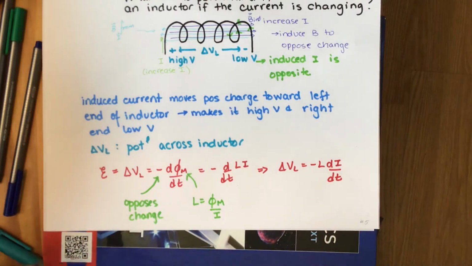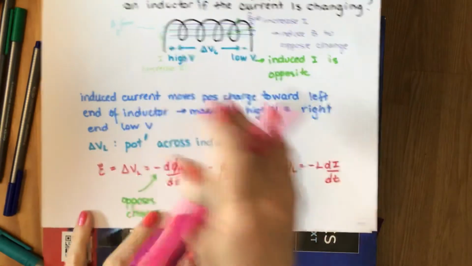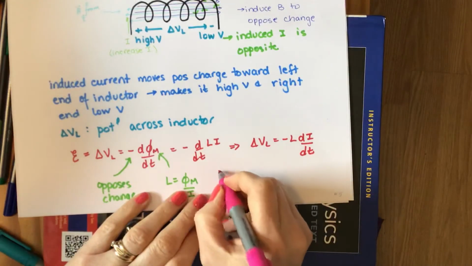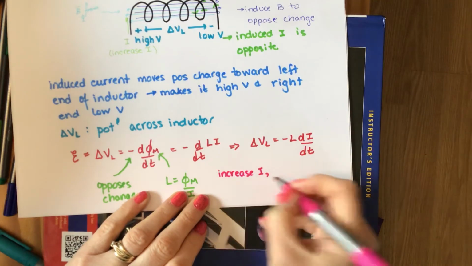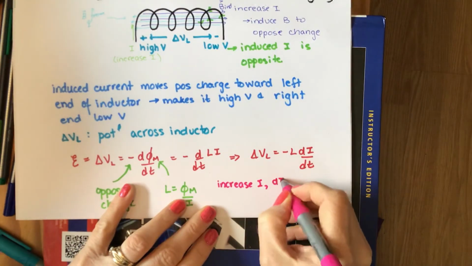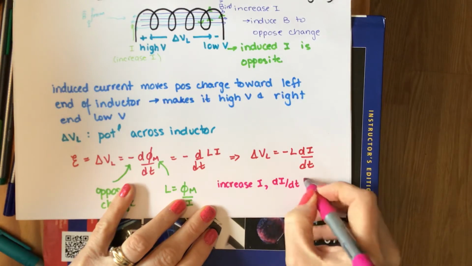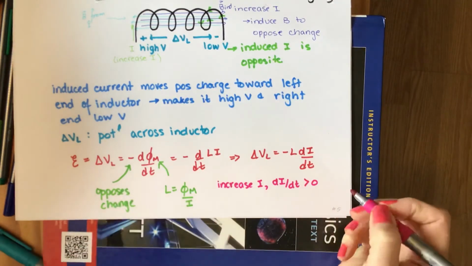What about a couple of details about that? Does that make sense? And what does the minus sign tell us? Let's apply it. If we increase I, then our rate of change di dt is positive.